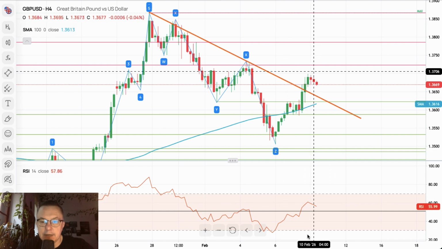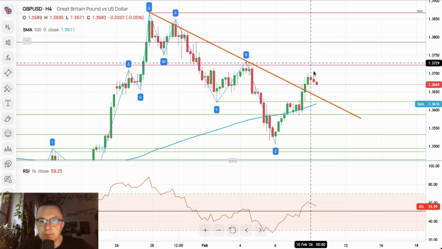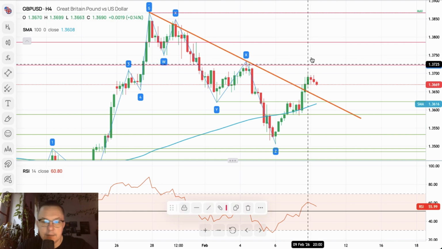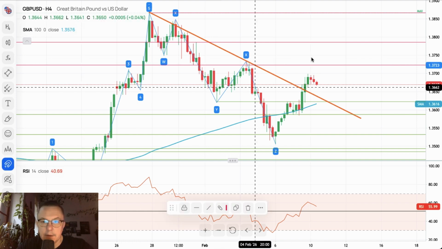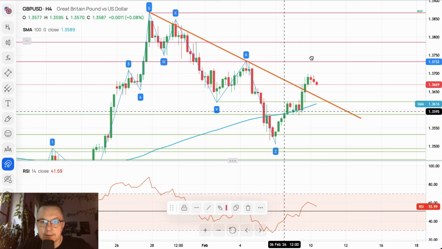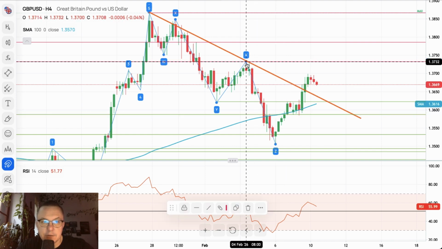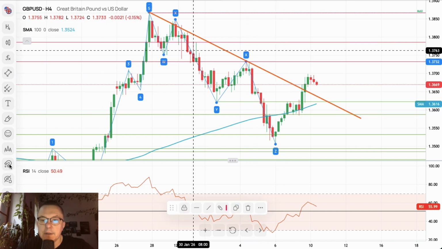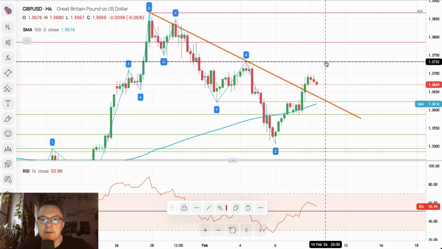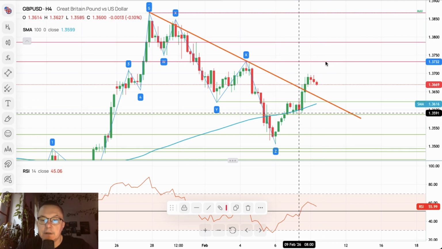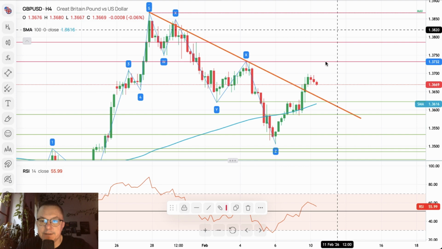We need to continue higher. We need to continue to move towards the wave X high. Let me just move this wave X high towards the level that it is actually the price extreme, 1.3732. And the breakout above this level is confirmation that this development might be bullish, right?